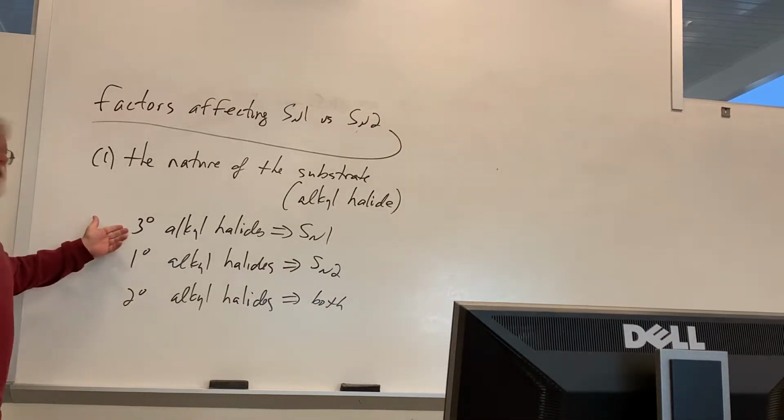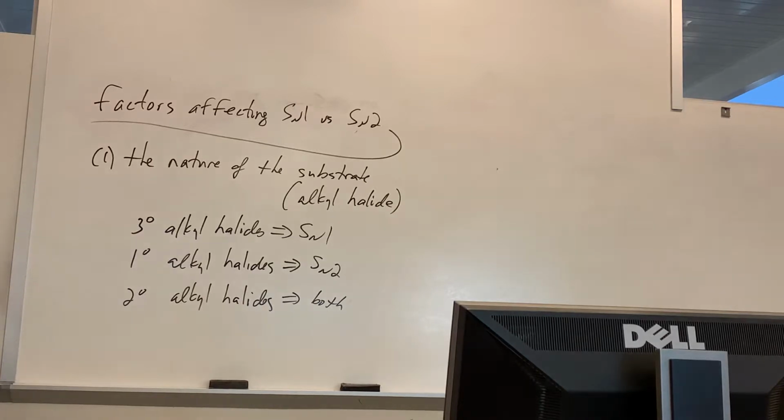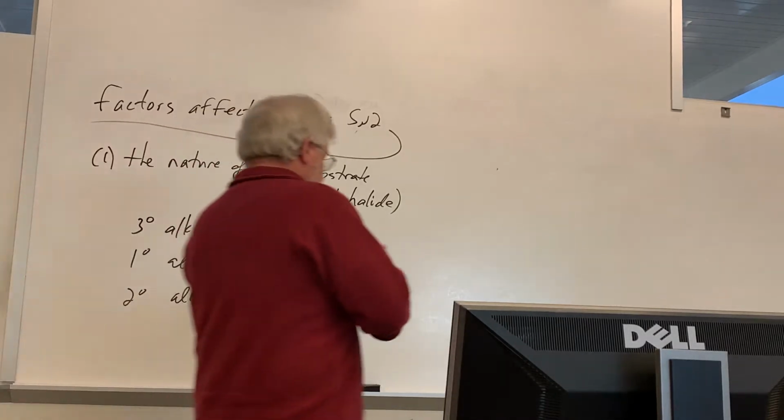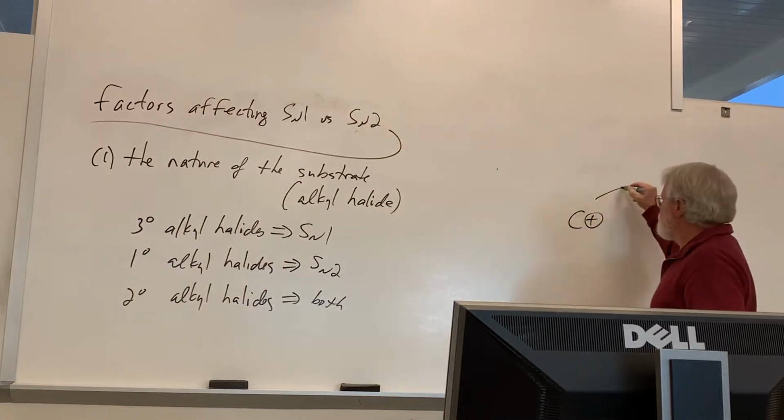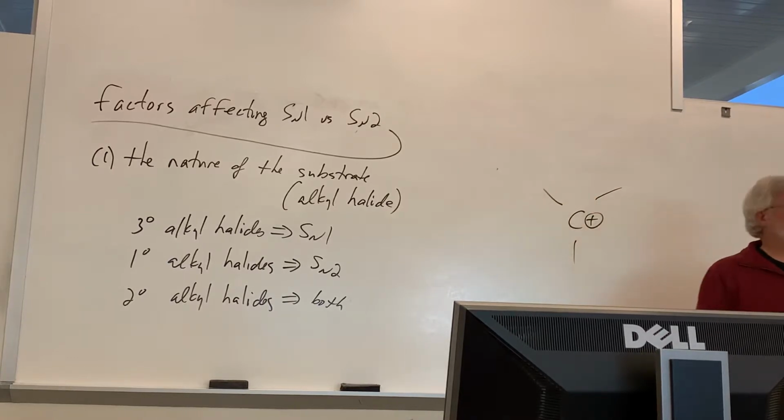So a tertiary alkyl halide is going to produce a tertiary carbocation. And as we indicated last time, relative to hydrogens, alkyl groups are electron releasing. So having electron releasing groups, we have a positively charged carbon, which is what you're going to have: the sp2 hybridized trigonal planar carbocation.